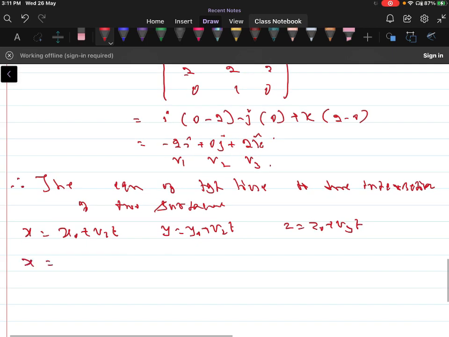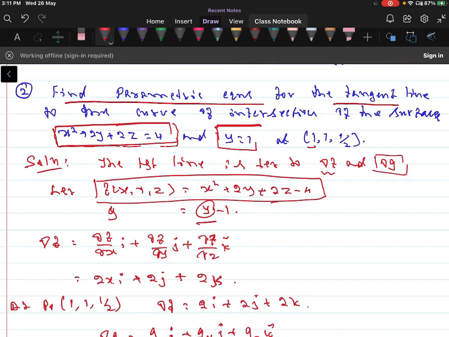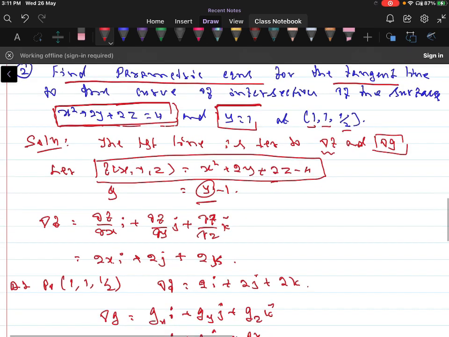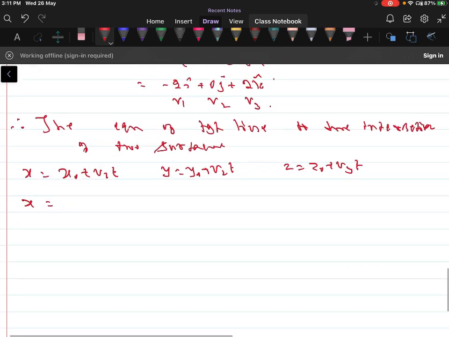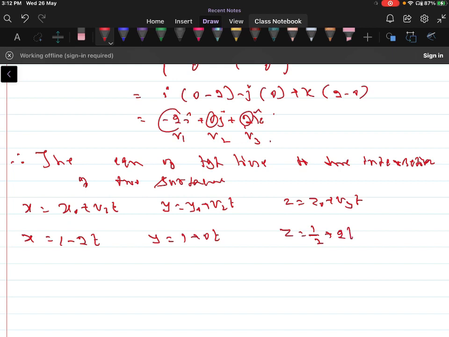Where x naught is 1, y naught is 1 and z naught is 1. So therefore x is equal to x naught, which is 1, plus v1, which is minus 2, into t; y is equal to y naught, which is 1, plus v2, which is 0, into t; and z is equal to z naught, which is 1, plus v3, which is 2, into t.